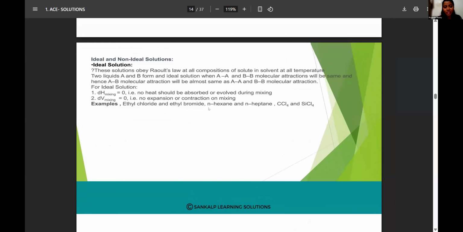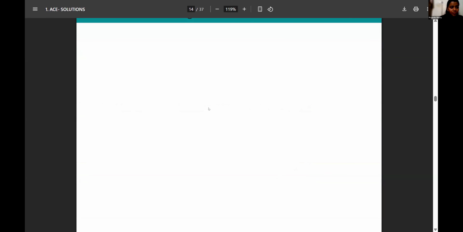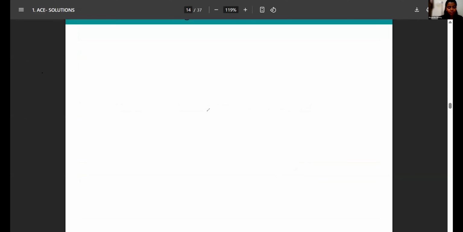Yes, you have something called ideal and non-ideal solutions. I'll show you in the next slide. I'll tell you in general, in perspective of Raoult's law.